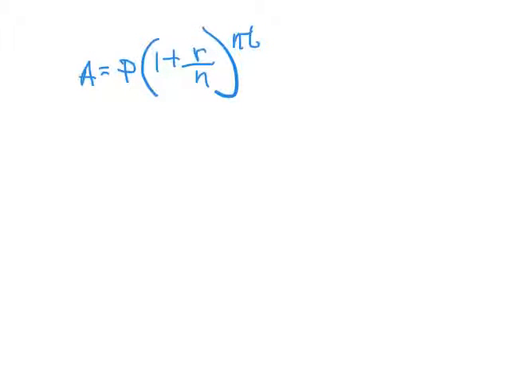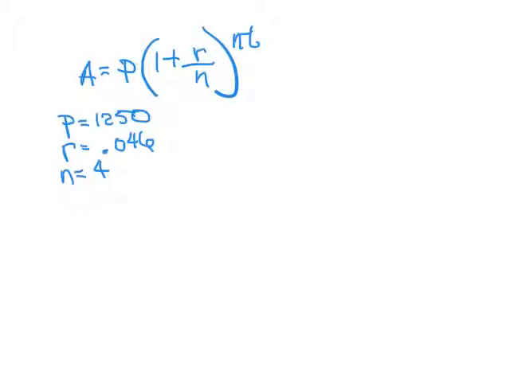So for this one, they're talking about $1,250 invested at 4.6% interest. So P is $1,250. Our rate is 4.6%. And it's compounded quarterly. So our N, number of times it's compounded, is 4 times.